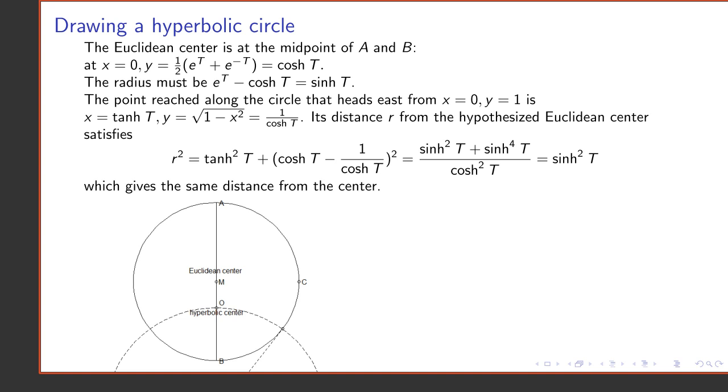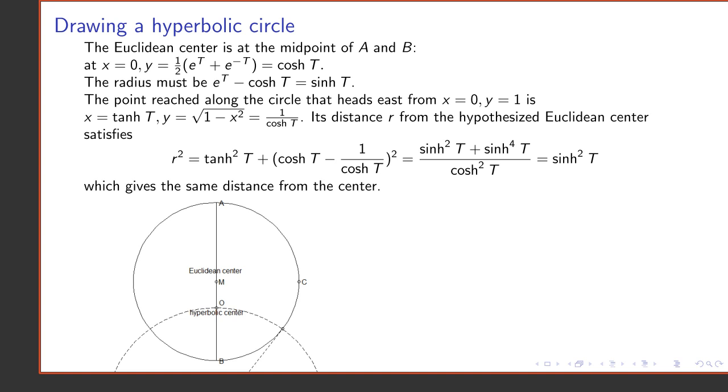If I put everything over a common denominator, then this turns into 1 minus 1 over cosh squared t, which is the hyperbolic tangent of t, and I find that I have, sorry, I said that wrong, 1 minus the hyperbolic secant, which is the hyperbolic sine.